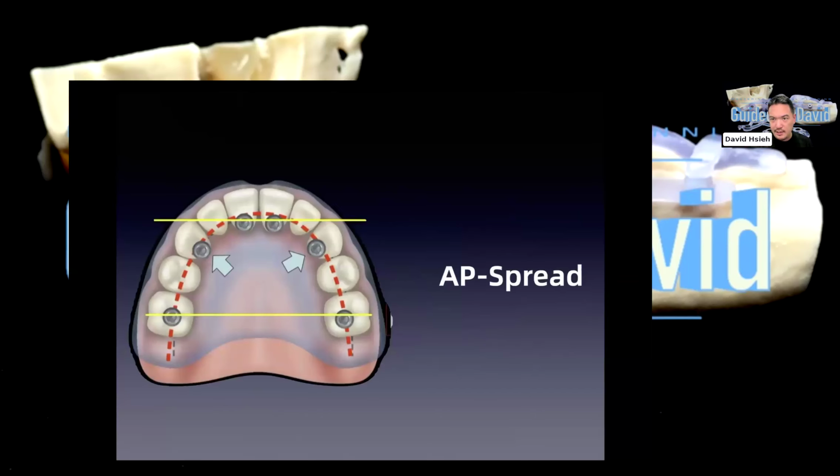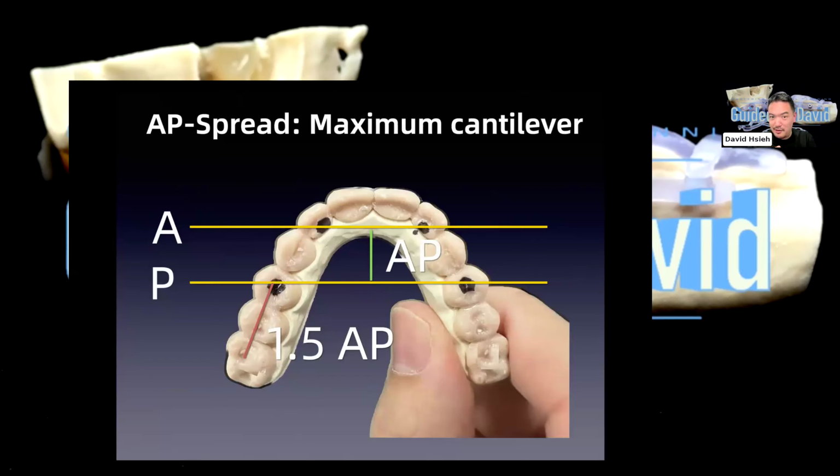Which is AP spread. So what is AP spread? A stands for anterior, P stands for posterior. So that's basically the spread from anterior to posterior. If you draw an imaginary line at the most anterior implant and another imaginary line at the most posterior implant, you put them all together, and then you draw another imaginary line, the green one right there.